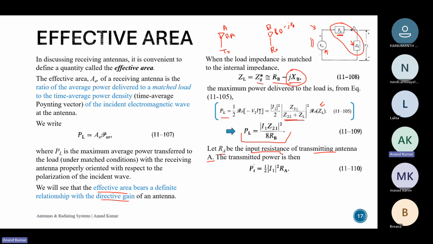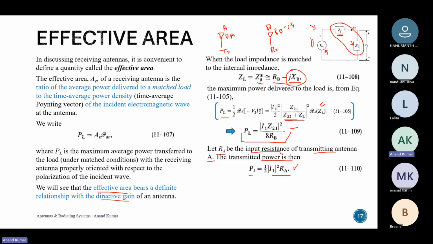RA is the input resistance of the transmitting antenna. The transmitted power is then PT, which equals half I1 squared RA. So this is the transmitted power.